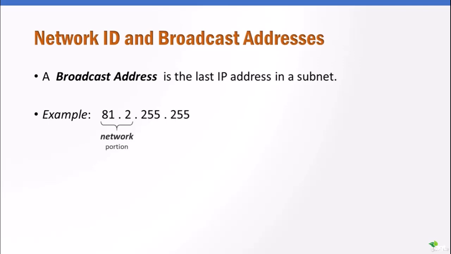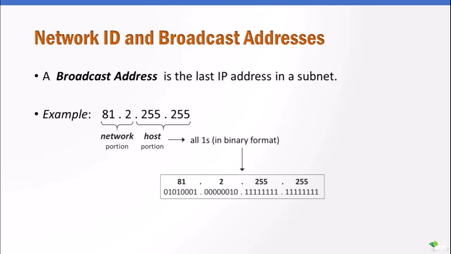So 81.2 is the network portion, and 255.255 is our host portion. Hopefully you can notice our host portion this time is filled with 1s, and this is what it looks like in binary format. We have 8 1s in the 3rd octet and 8 1s in our 4th octet.